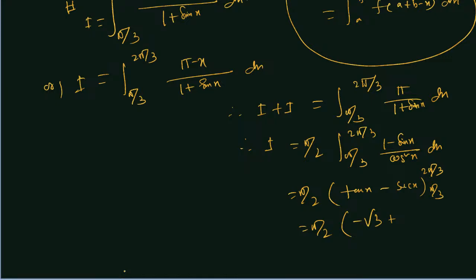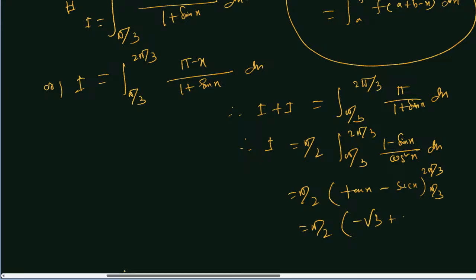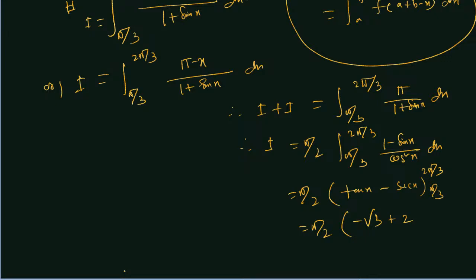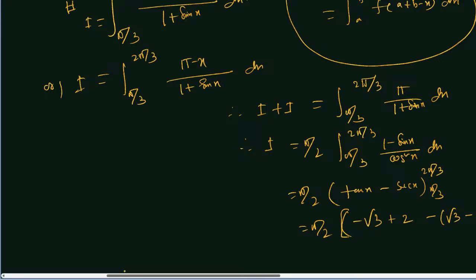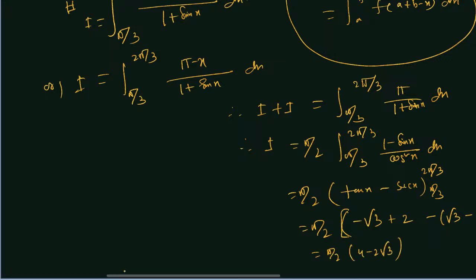Sec 2 pi by 3 is also in the second quadrant, will be minus 2. Then minus tan pi by 3, root 3, minus sec pi by 3. Sec pi by 3 is 2. So this is going to be pi by 2 into 4 minus 2 root 3.